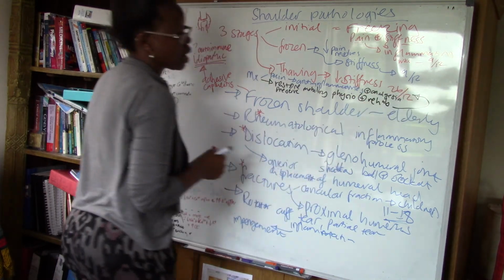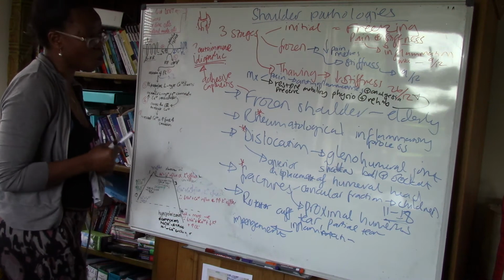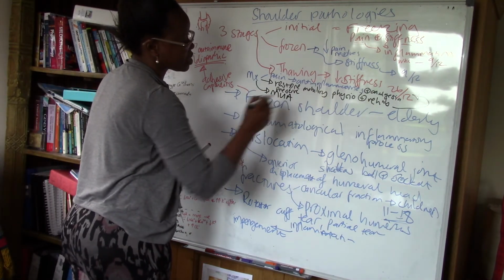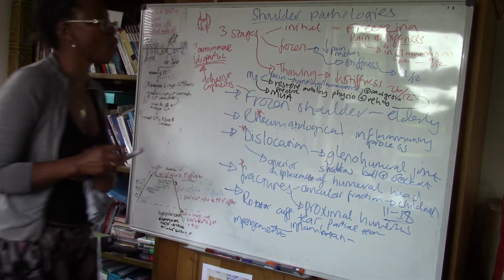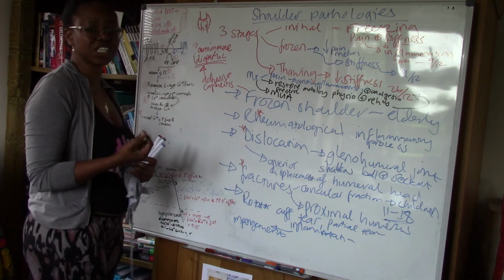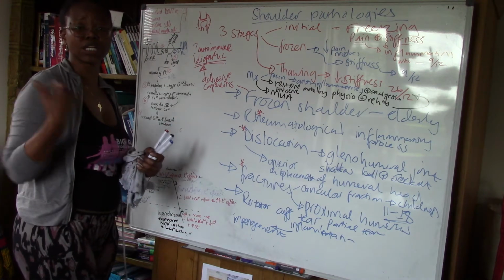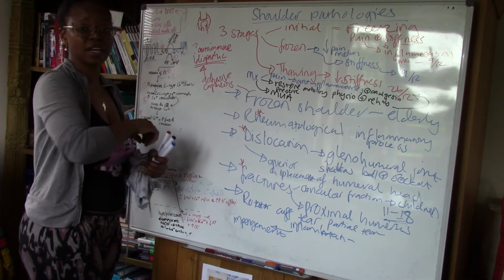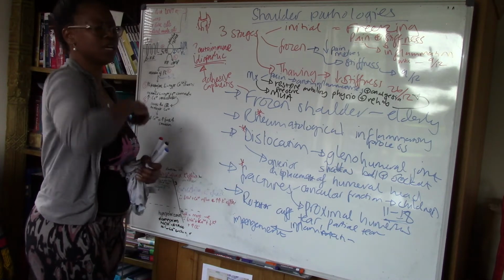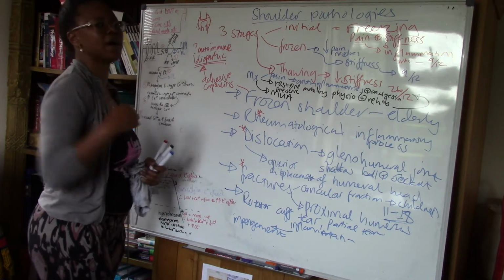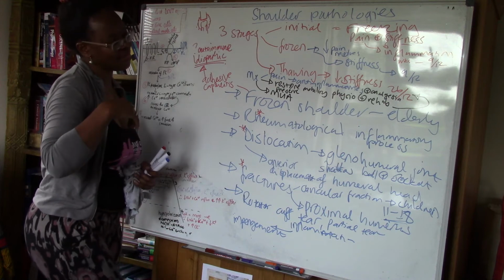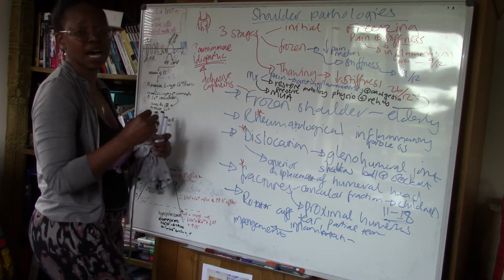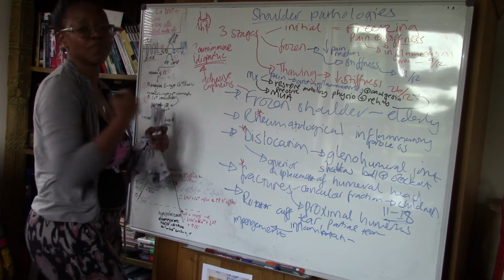Usually once the stiffness has resolved, people can also have manipulation under anesthetic, where the surgeon will inject an anesthetic and then move the joints in order to free the ligaments and the capsule really, and the tendons, just to try and introduce some mobility.